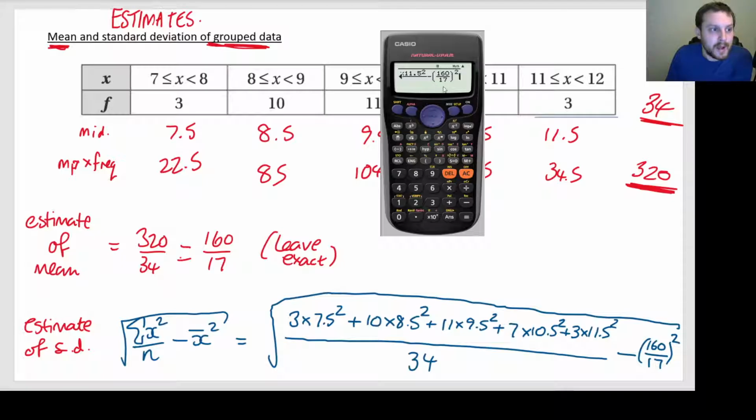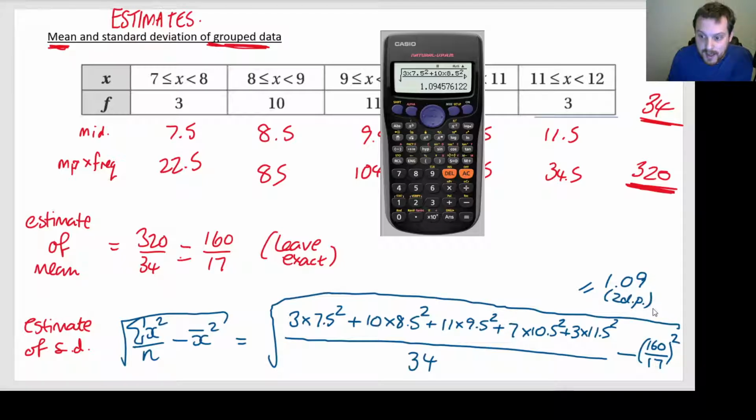This, by the way, kind of compounds the error. This standard deviation is now even less of an accurate estimate because we're having to utilize something within it that was itself an estimate. But anyway, it is our best guess. So we're going to press equals, and we're going to get 1.09 to 2 decimal places.